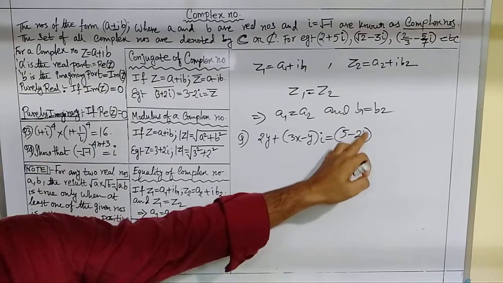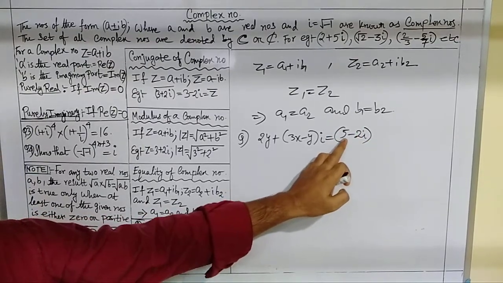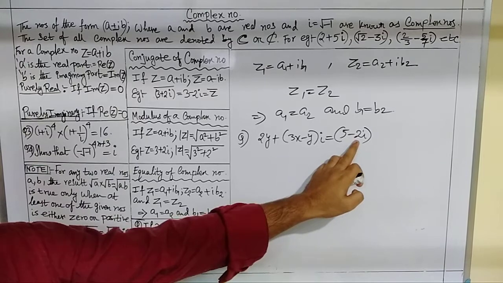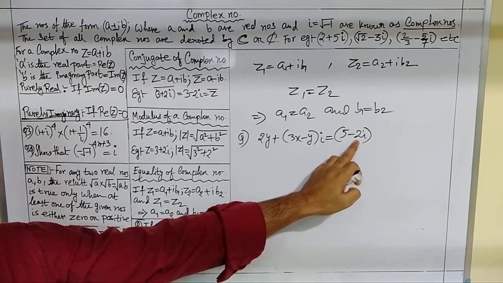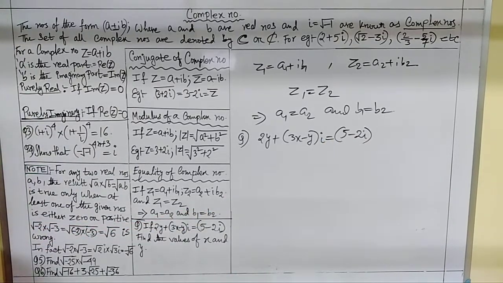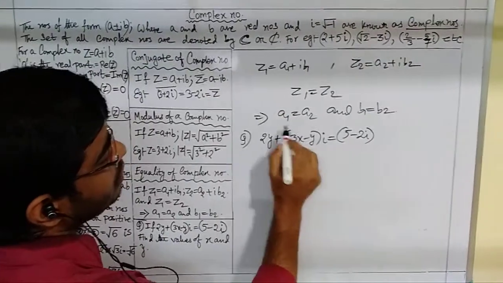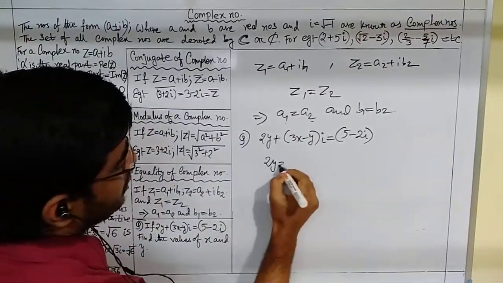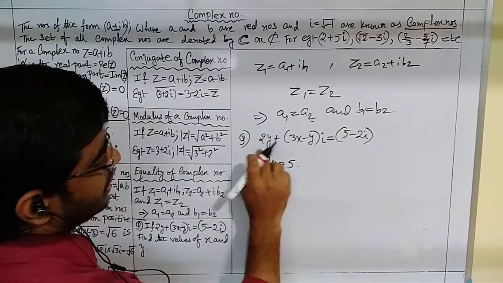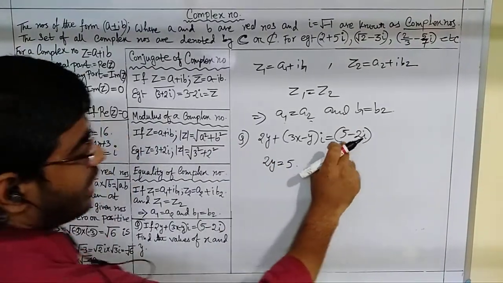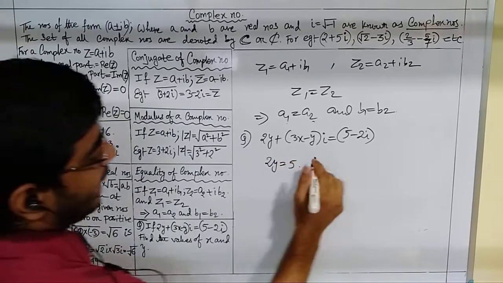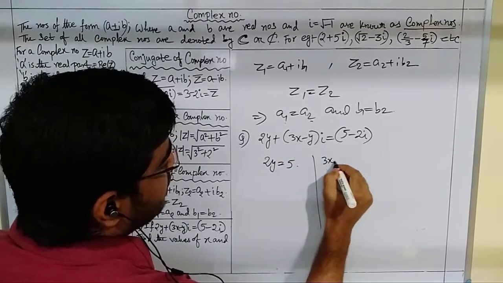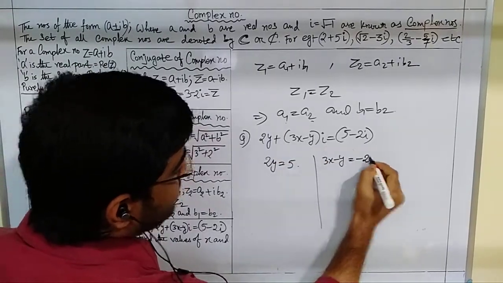In this right hand side complex number, 5 is the real part and minus 2 is the imaginary part. Now, we are simply going to equate the real part and the imaginary part. So 2y equals 5. Since the real part is 2y here and 5 there, we equate these two, and for the imaginary part we equate 3x minus y equals minus 2.